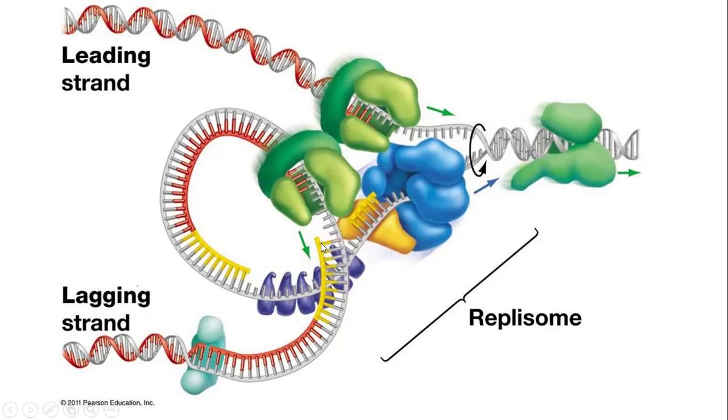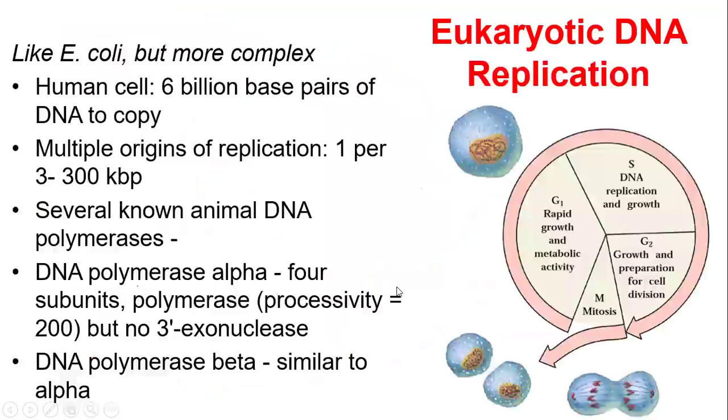You can see here the yellow portion standing for RNA primer, and this other reddish portion is the DNA bases that have been added until they reach the next fragment. Then this portion will be removed, and this one too will be removed, and they will be replaced by DNA, and the nick will be sealed by DNA ligase.